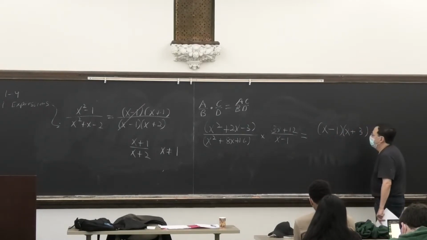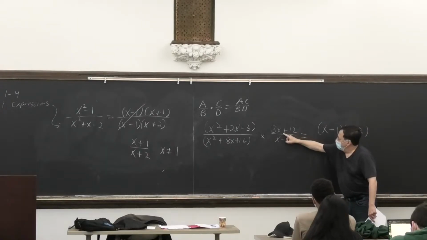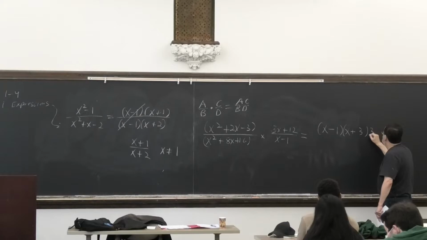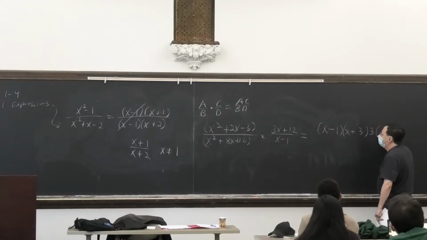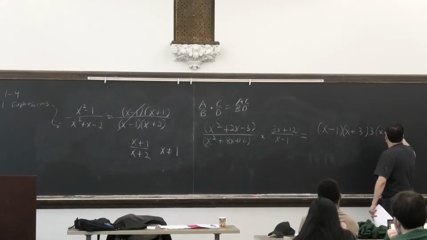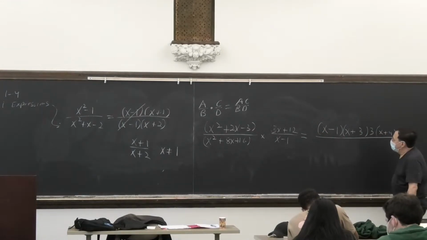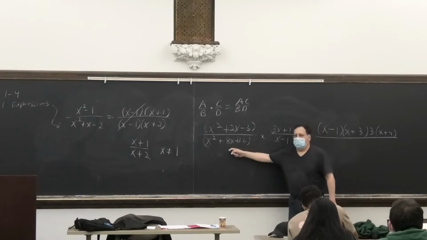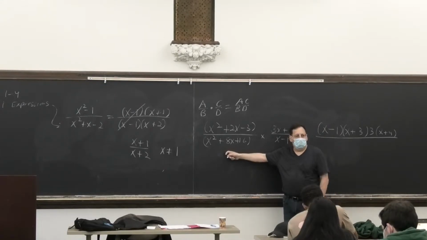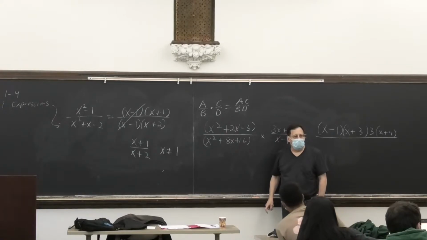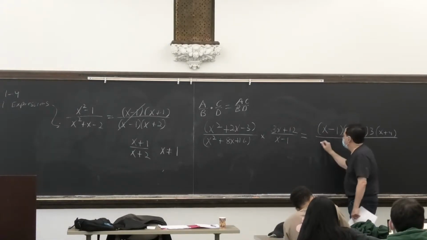Okay, that's good. And now we can factor this too. We can take out a factor of 3. That becomes x plus 4. All right, who's figured this out already? It would be x plus 4 and then, yeah, x plus 4 squared.